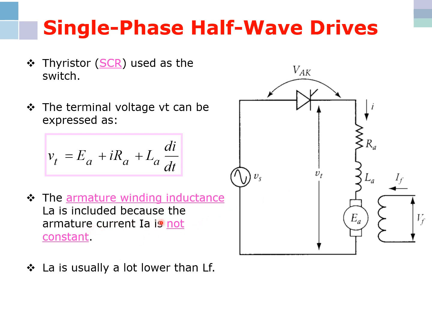The armature winding inductance La is included because the armature current Ia is not constant. La is usually a lot lower than the value of Lf, the inductance of the field circuit.